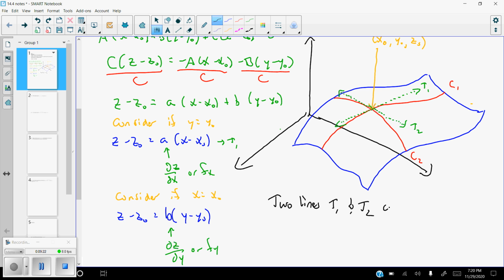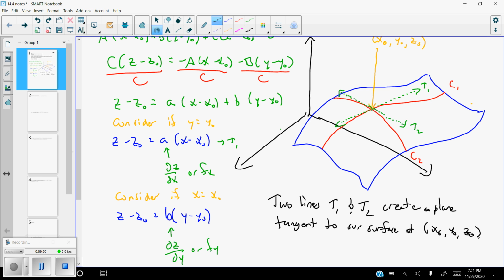They create a plane. And specifically, they create the plane tangent to our surface at the point x naught, y naught, z naught.